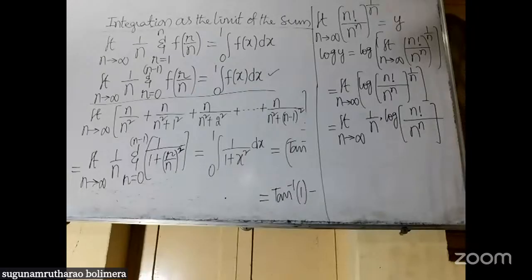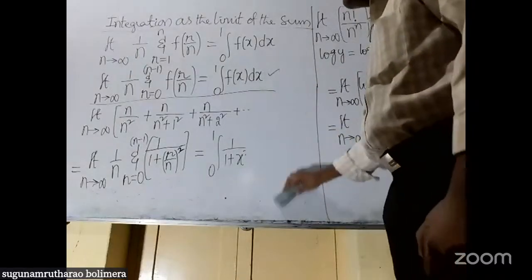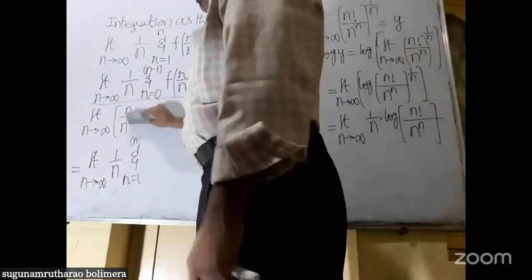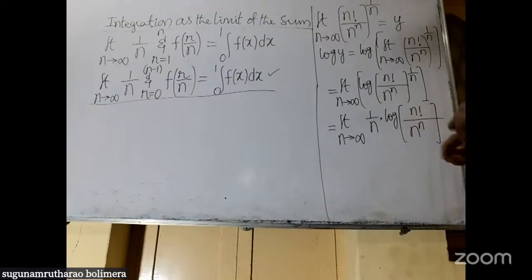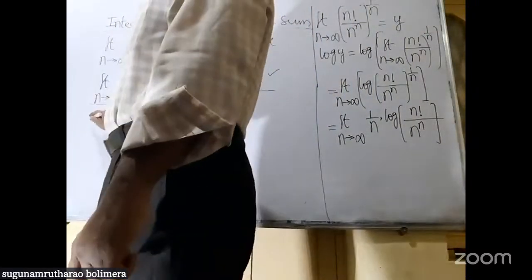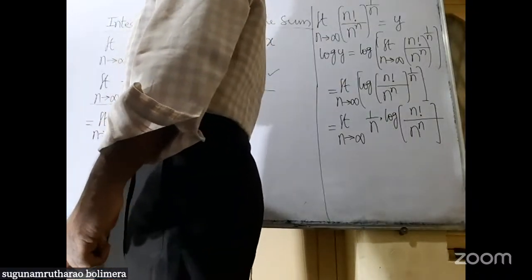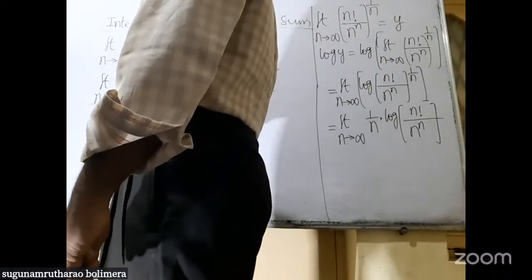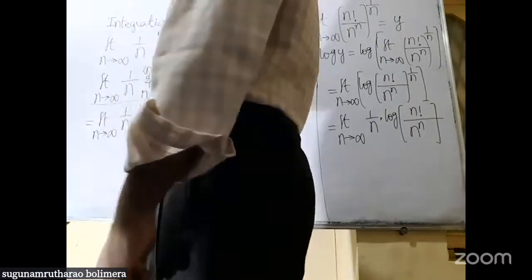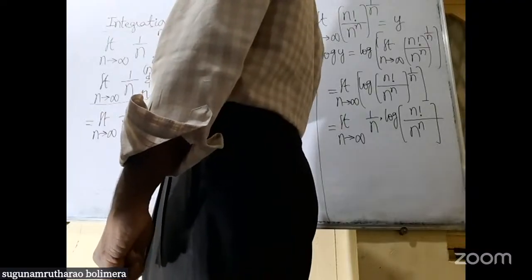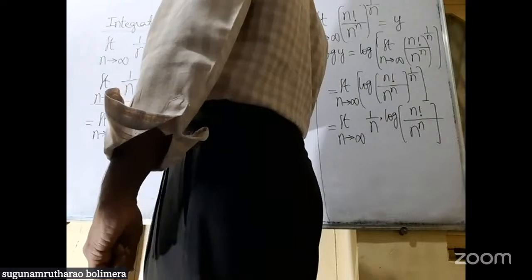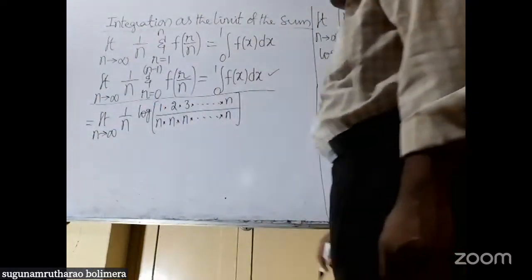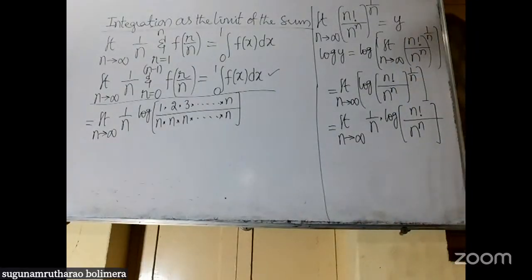Here n factorial can be written as 1 into 2 into 3 into so on n, and n power n can be written as n into n into so on n. So n times we are multiplying in the denominator n.